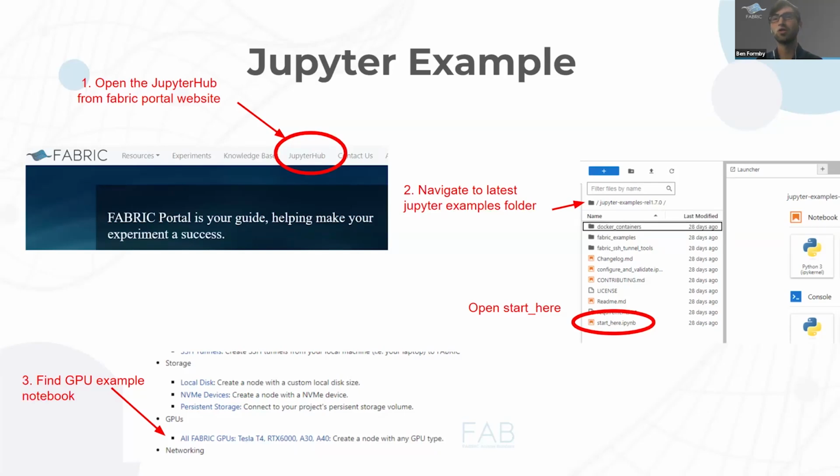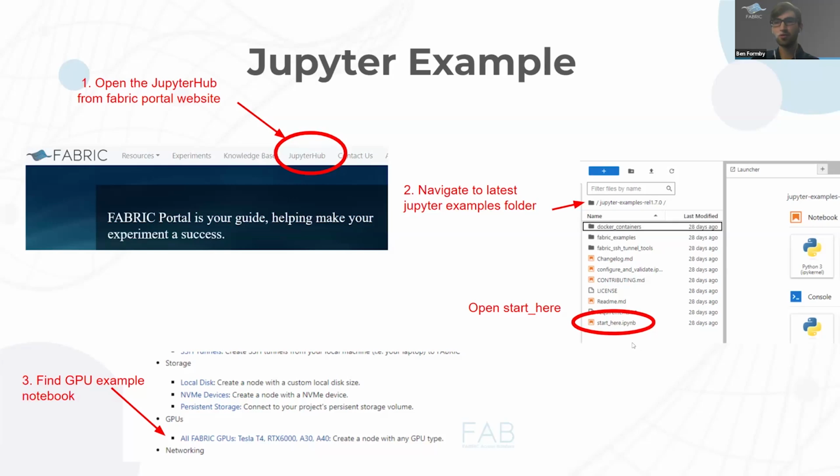You'll go to the JupyterHub tab at the website, and once you have your JupyterHub open and running, you can navigate to the latest release of the Jupyter Examples folder. Then you're going to want to open the Start Here notebook. This Start Here notebook will be your best friend when getting started with Fabric. It has all the tutorials that you'll need for getting started and learning how to build your experiment.